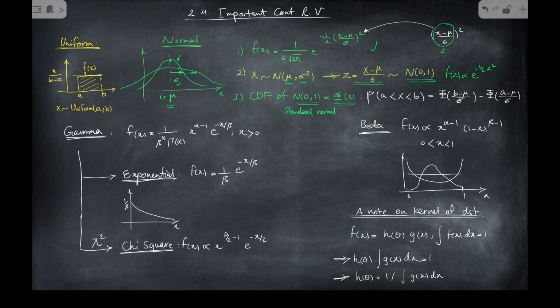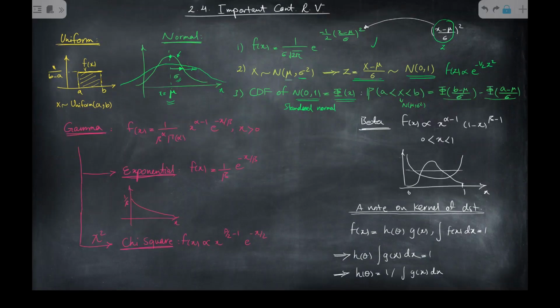And we have this nice theorem which tells us that for any normally distributed random variable, so it's normal(μ, σ²), you can compute the probability of x being between a and b as this. So you can use the Φ function, which corresponds to the standard normal distribution, to compute this probability for any normally distributed variable. Okay, next we have the gamma distribution.